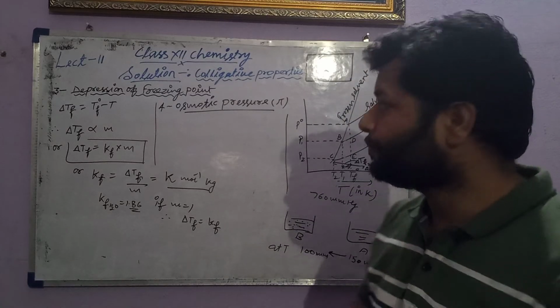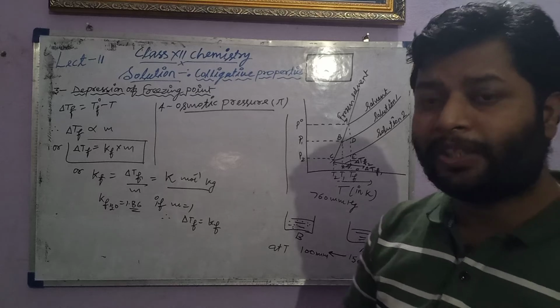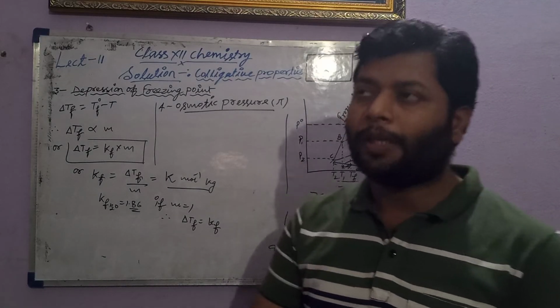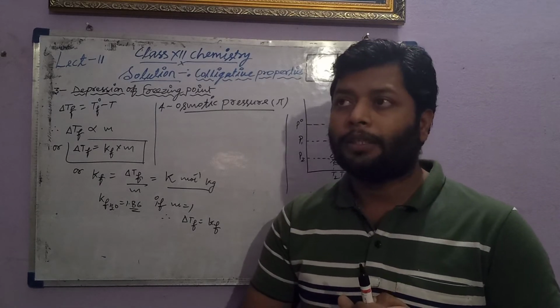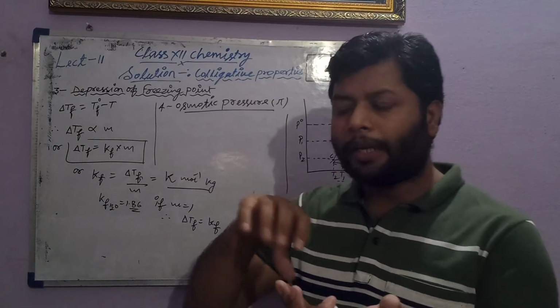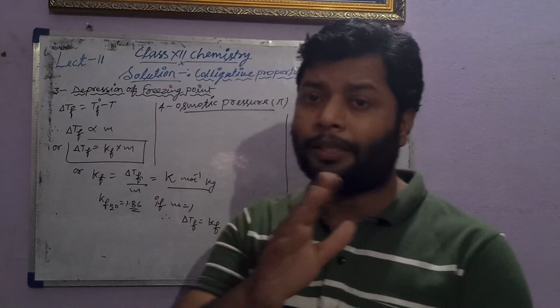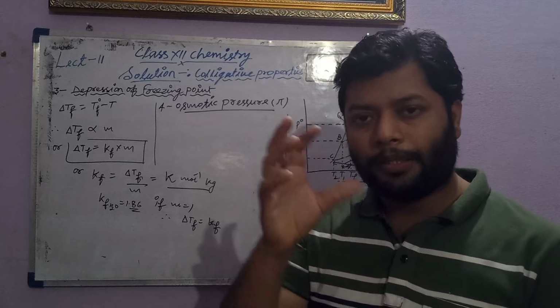So osmotic pressure is also a colligative property, which depends only upon the number of solute particles. Van 't Hoff, one of the famous scientists, studied that solute particles in a solution move randomly, similar to gaseous particles in the atmosphere.